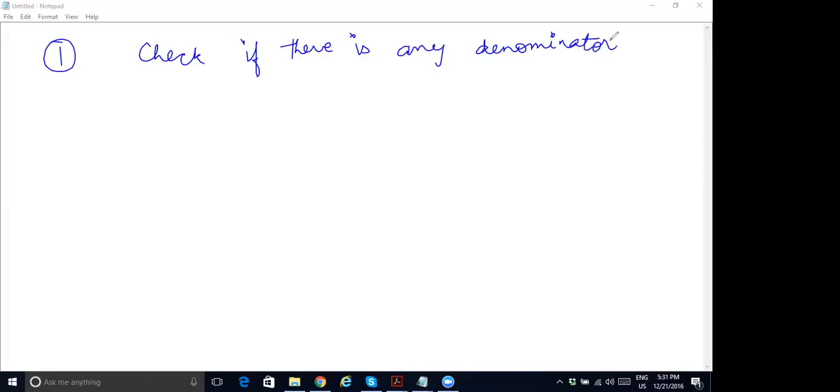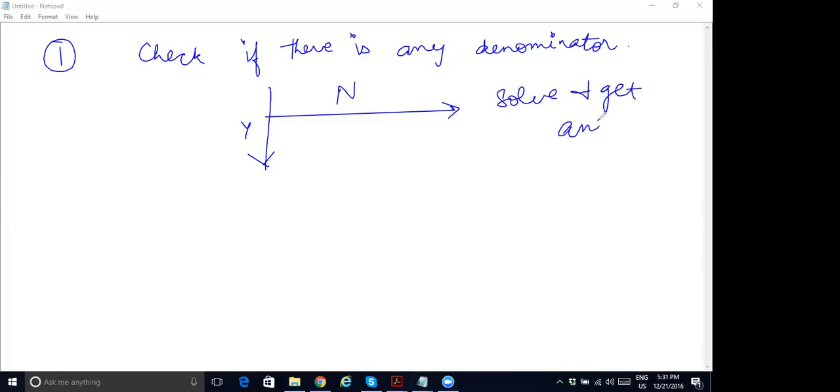Actually, the process is: whenever you are given an equation and you are asked to find the value of x, the first thing that you have to do is check if there is any denominator. If the answer to this question is yes... in case of no, you can solve and get the answer.